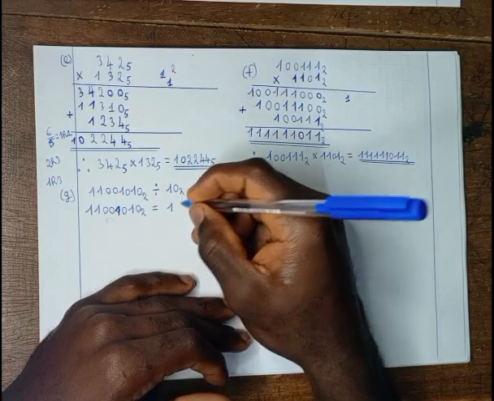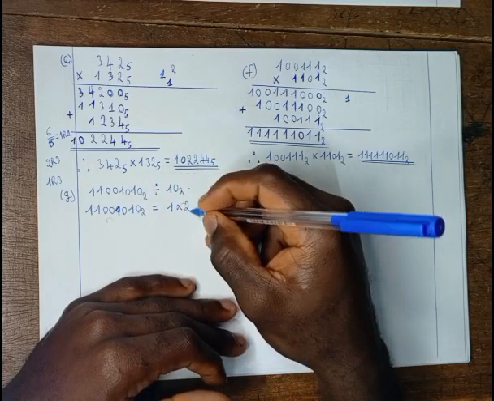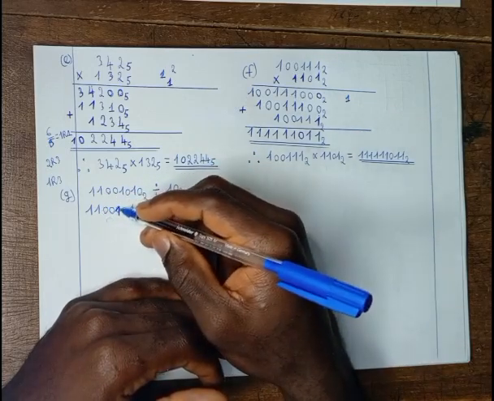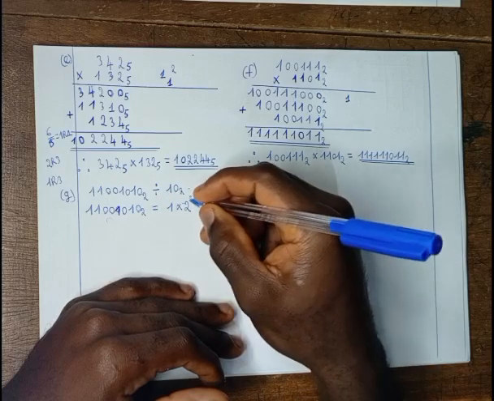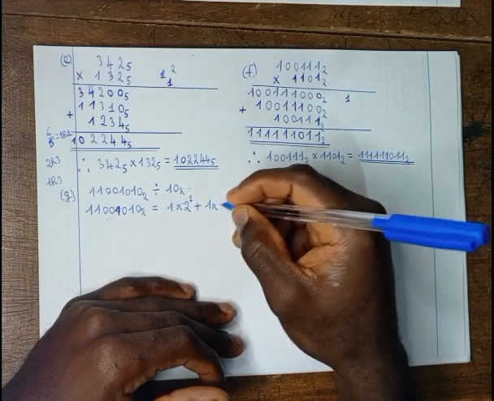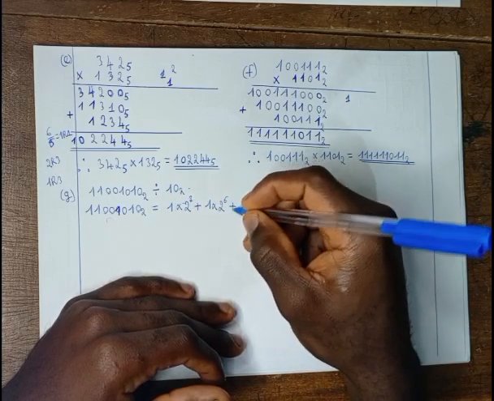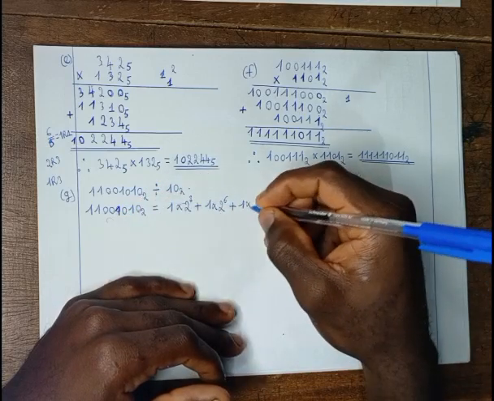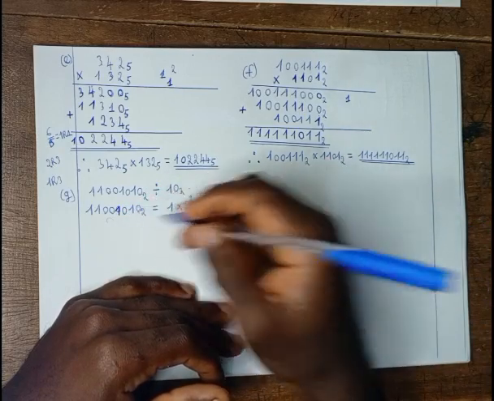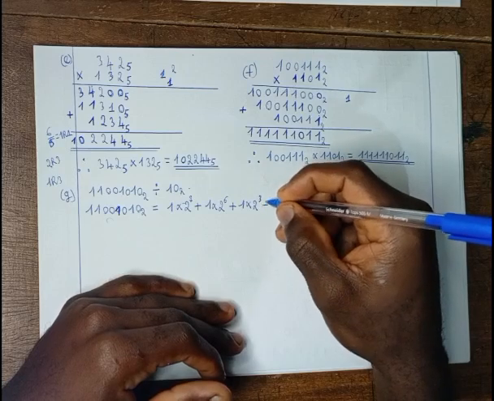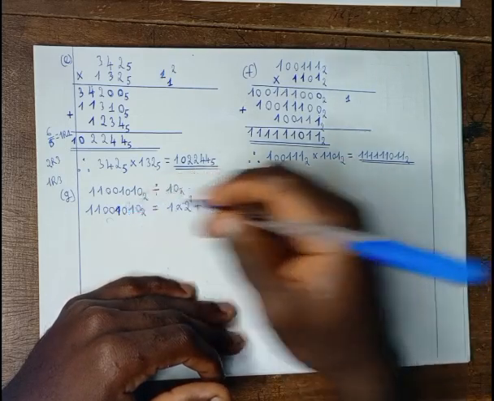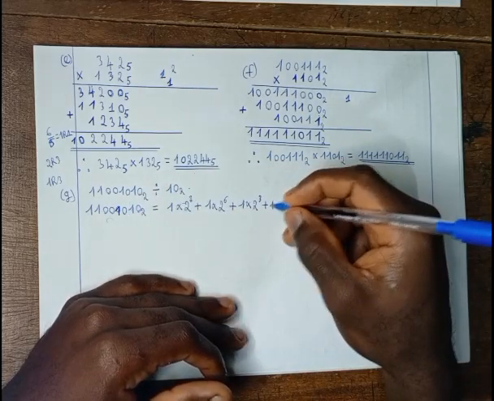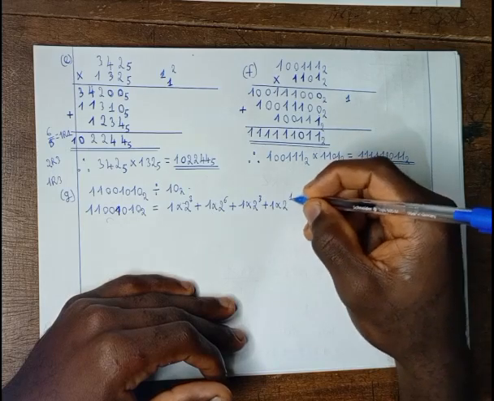This will simply give us 1 times 2 raised to the power 7, plus 1 times 2 raised to the power 6, plus the other digits are 0, so we move to 1 times 2 raised to the power 3, plus the other digit 0, we move to this other digit 1 times 2 raised to the power 1.